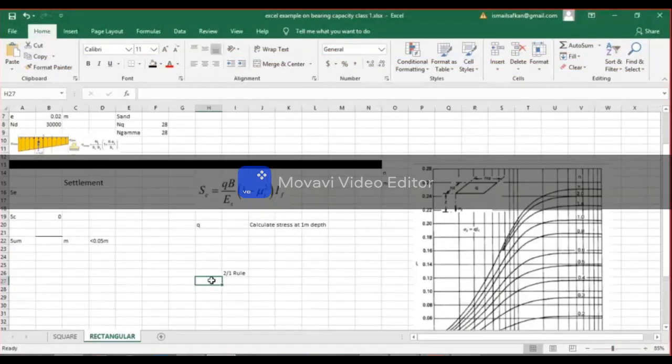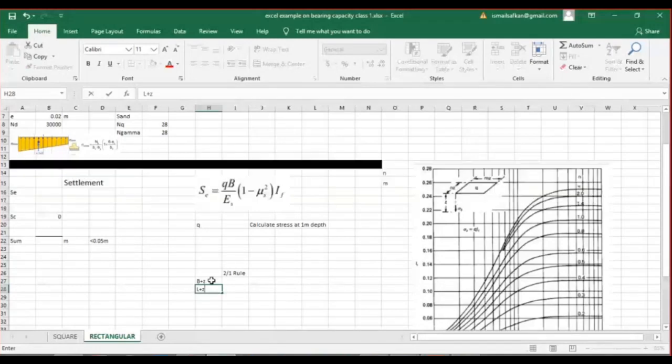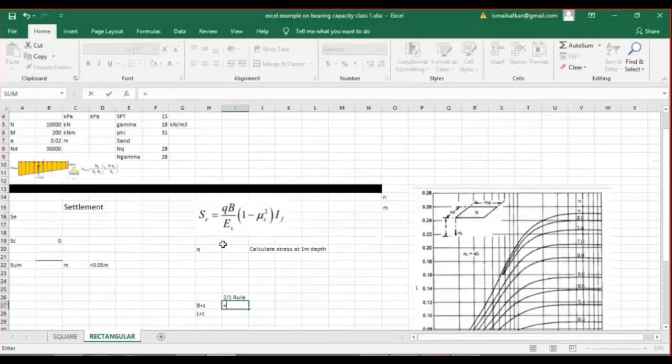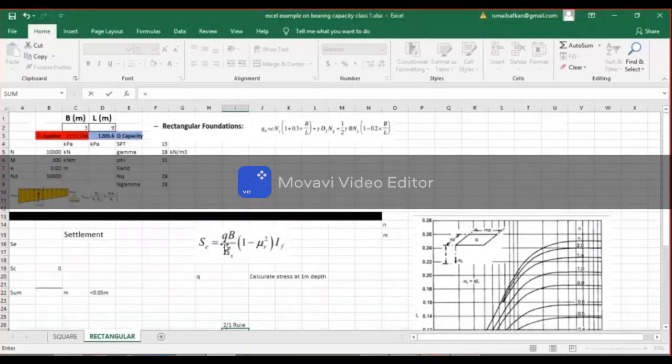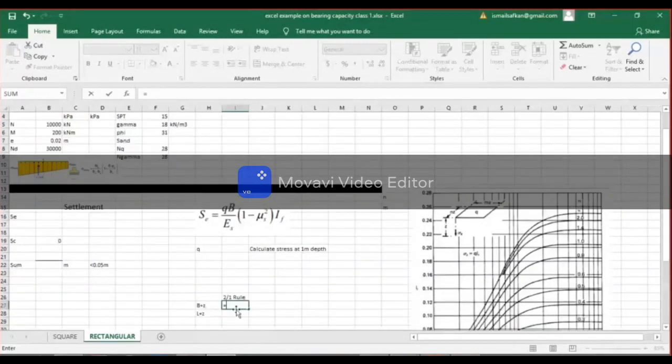2 by 1 rule, it will be B plus Z, L plus Z. Z in this case is 1. It's better to use the 2 by 1 rule when you want to formulate everything on Excel and not by using the figure.